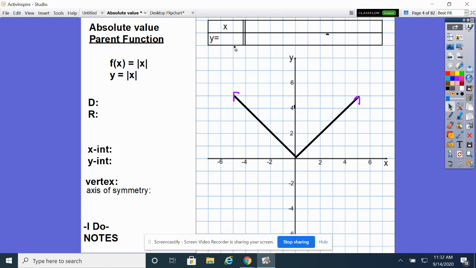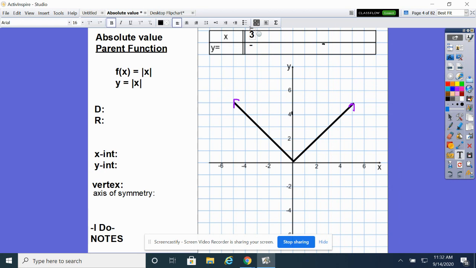I've got go-to numbers that I like to use, not just for the absolute value functions, but for really any function. Algebra 1, 2, 3, 4. Does algebra go that high? I don't know. What I like to do is use the values -3, and then -2, -1, 0, 1, 2.